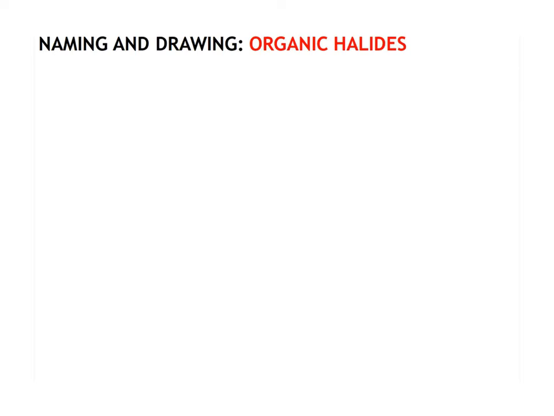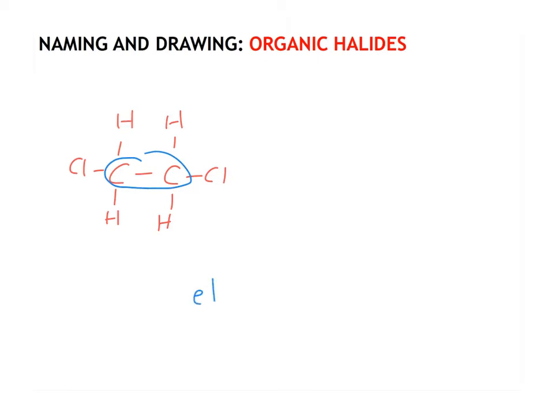So if I have, I guess here I'll draw a 2-carbon chain. So we have hydrogen, we'll draw a Cl here, Cl here. So we name it the same. We name our longest chain. So this is a 2-carbon chain. That would be ethane. We name organic halides with prefixes.